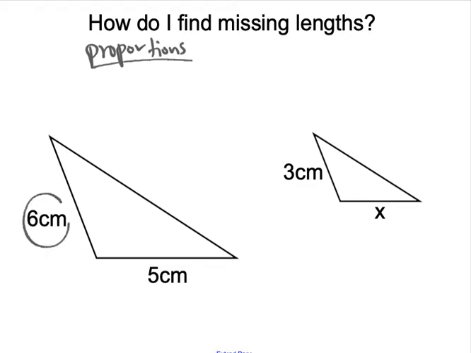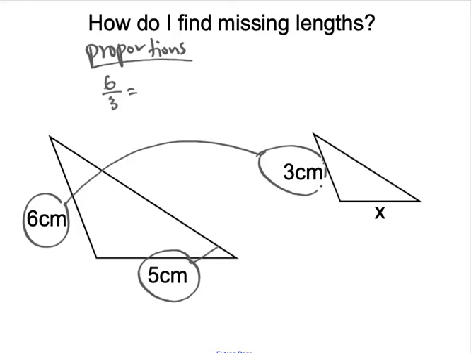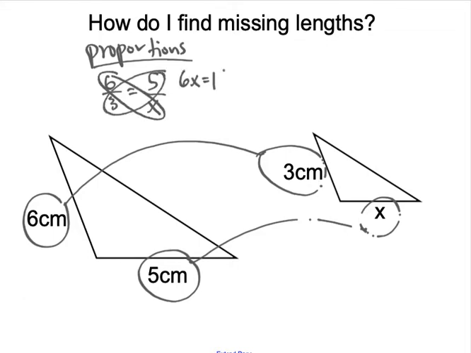If I compare 6 to 3, I should get the same thing as if I compare 5 to x. I can cross multiply and solve here. This is 6x equals 15. I would divide by 6, and I'd get x equals 2.5. So 2.5 centimeters would be the answer for x.